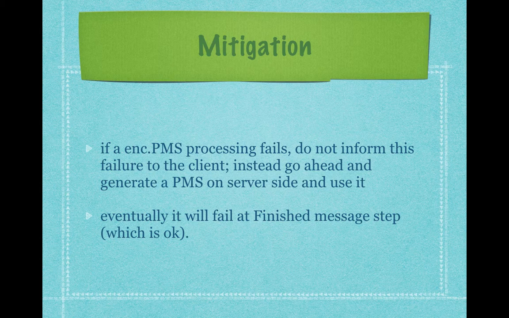Instead, you just go ahead and generate your own PMS on the server side and use it. Of course, because now the PMS is different on client and server side, eventually during the finish message step it's going to fail, but that is okay. The idea is don't give any clue to the client. Any clue you give, he will make use of it and perform a chosen ciphertext attack.